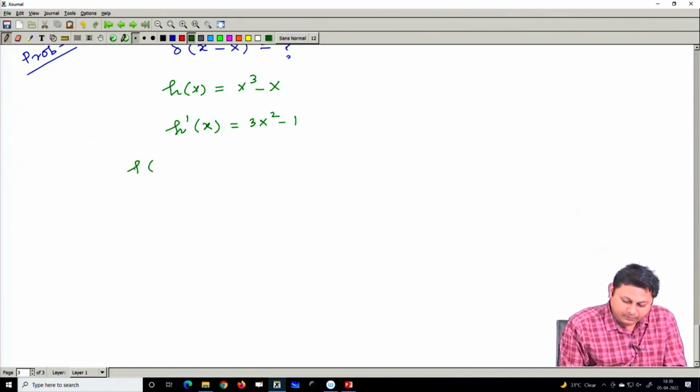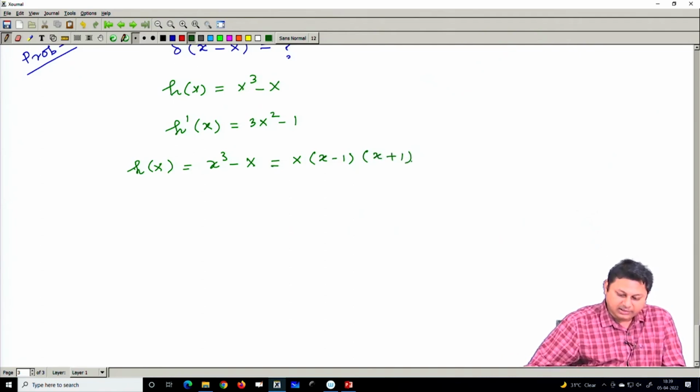So h of x given as x cube minus x should have 3 roots, and I can write it as x multiplied by x minus 1 and x plus 1.